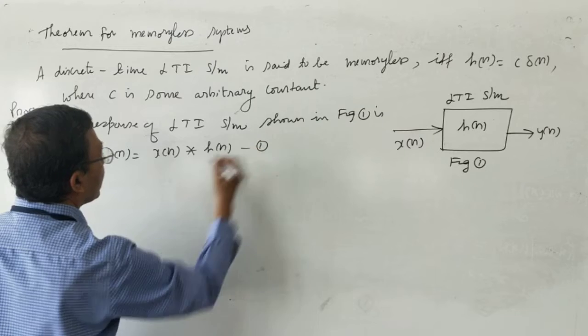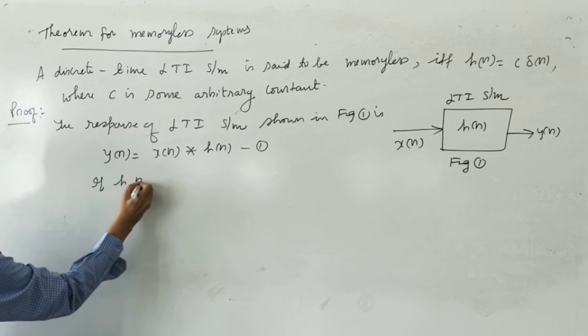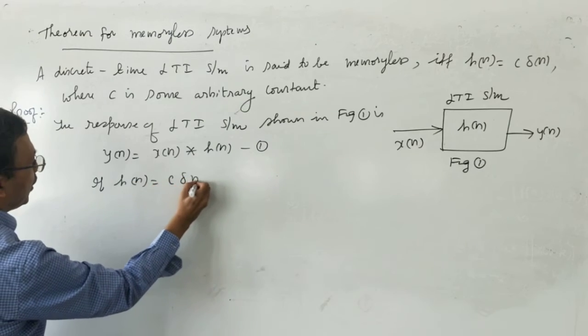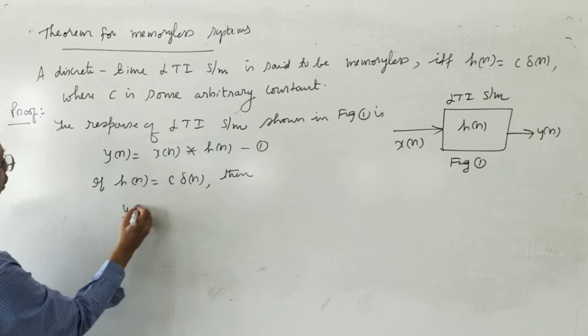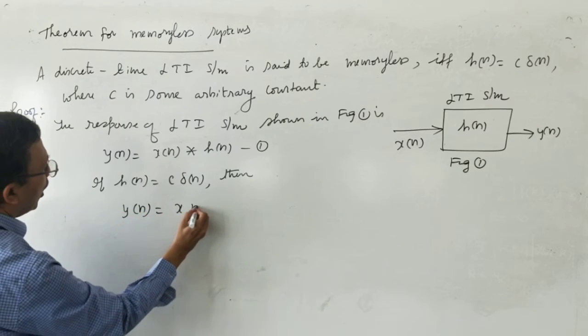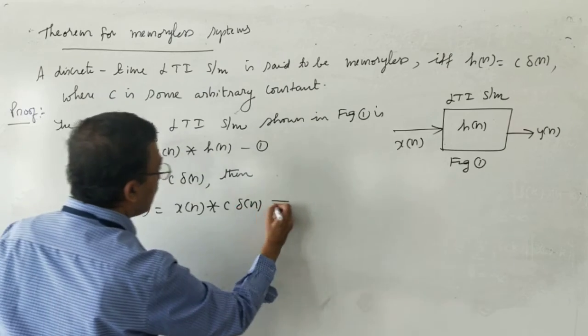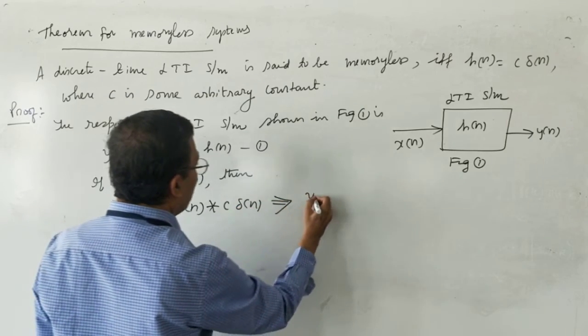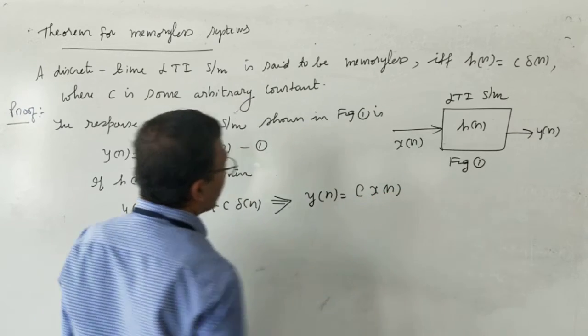Equation 1. If h of n equals c into delta of n, then y of n equals x of n convoluted with c into delta of n, which implies y of n equals c into x of n.